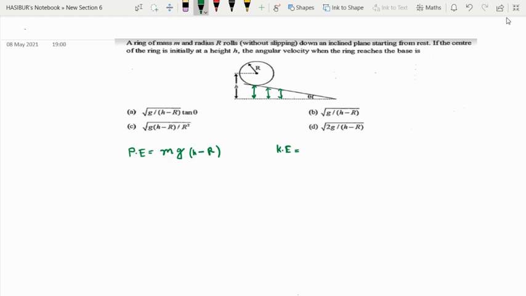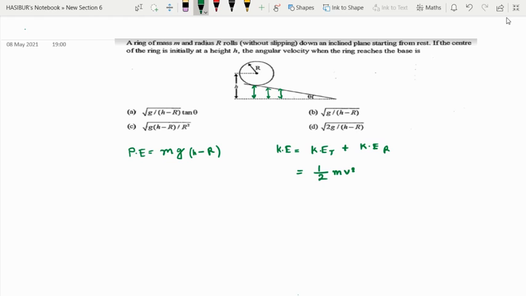One is kinetic energy due to the translation, and another is kinetic energy due to the rotation. We know if we consider this is a point object and it has velocity v, then the kinetic energy is half mv square.